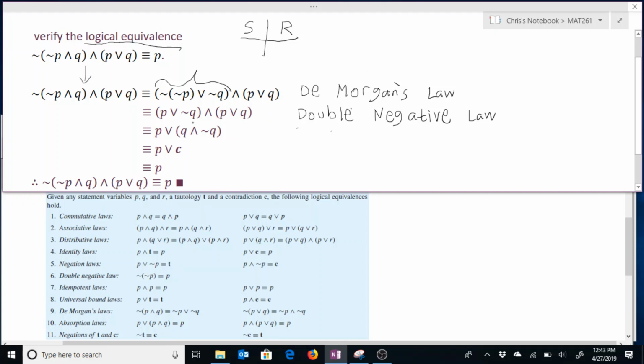The next aspect of that, moving down from here, is that we kind of, in the sense of a mathematical operation, basically factored out this P that is in both of these terms and put it outside of the operation here involving Q. So we have P or (Q and not Q).